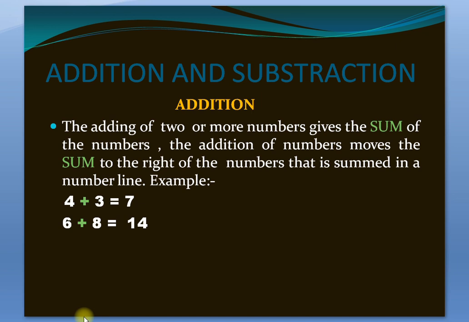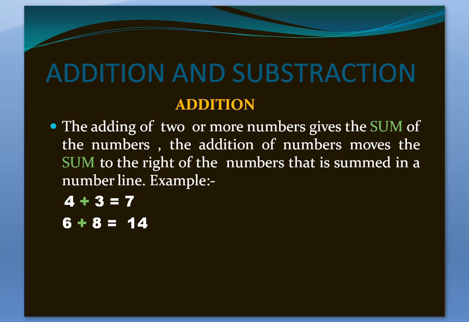So here we have 4 plus 3, and it gave us what? 7. 8 plus 6 plus 8 gave us 14. So the addition of two or more operands will give us the sum as the answer. So 4 and 3 will give us 7.